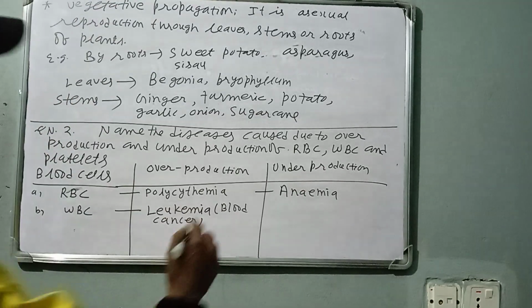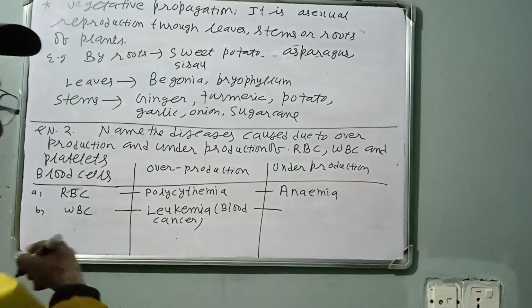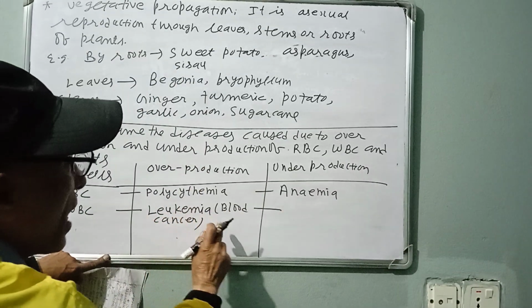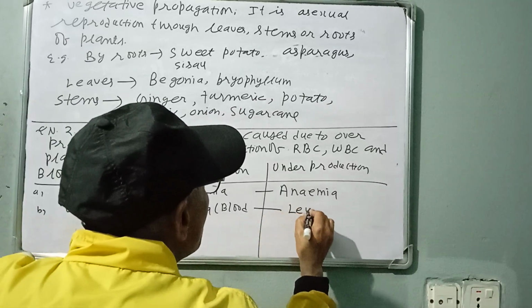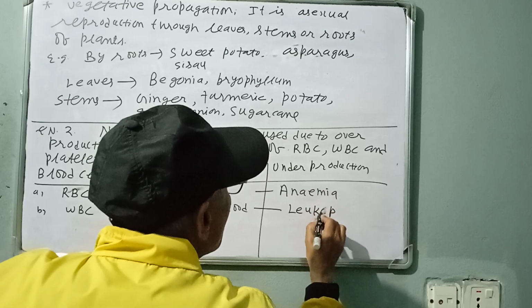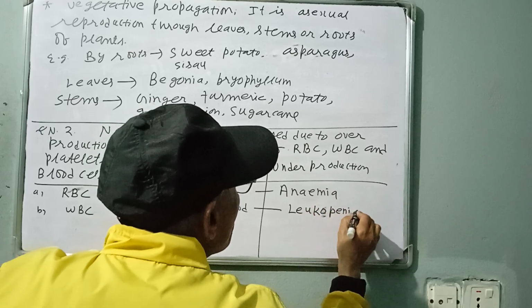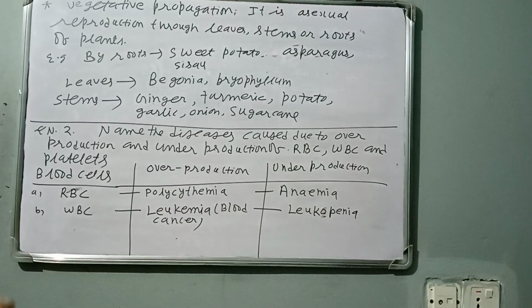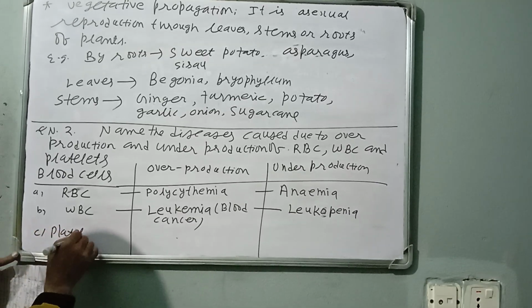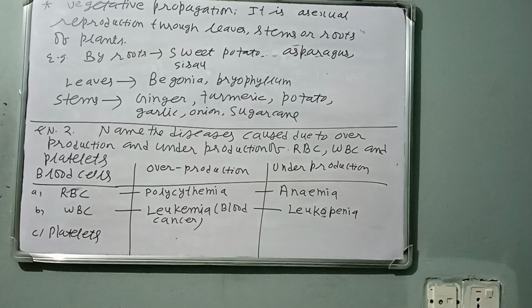Blood cancer. And if WBC is less, just as leukemia, you write down leukopenia. Penia means less in number. Platelets: if platelets are more, what disease is it called?